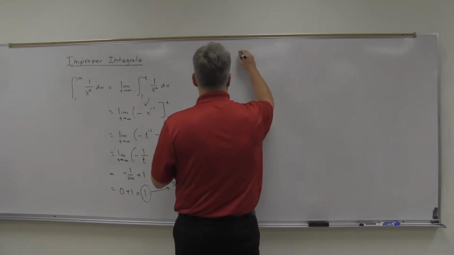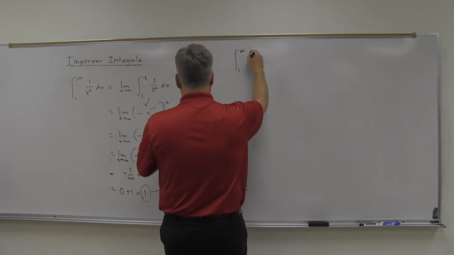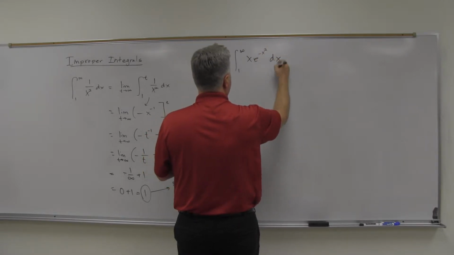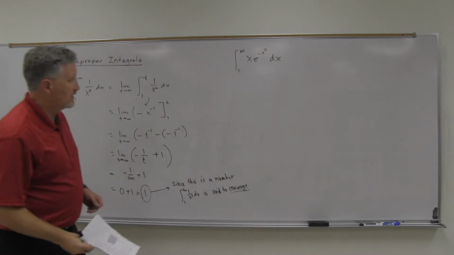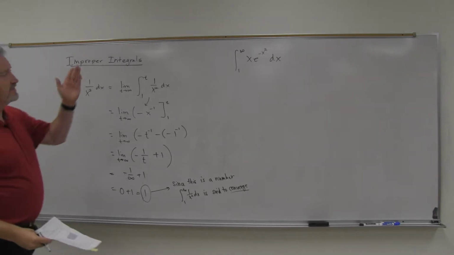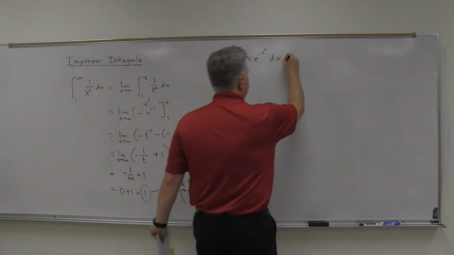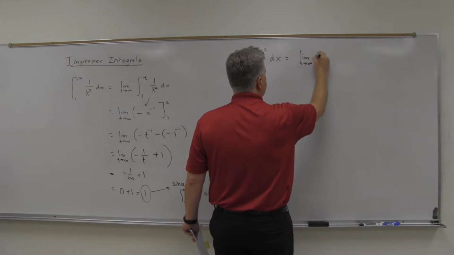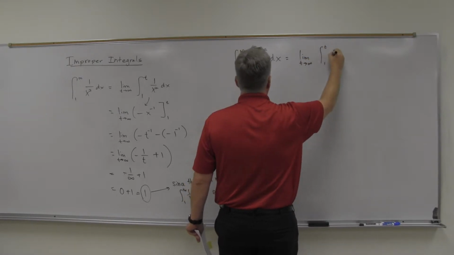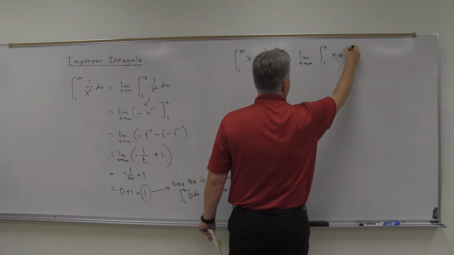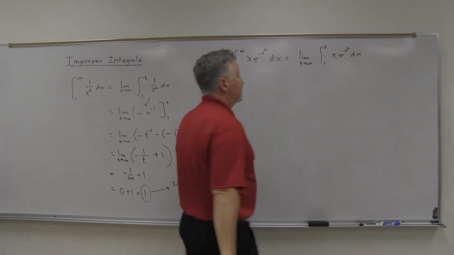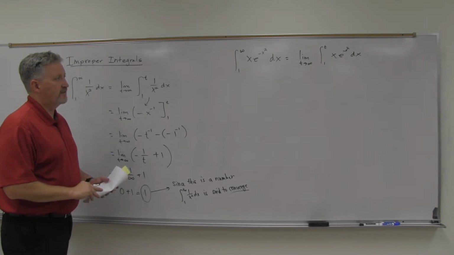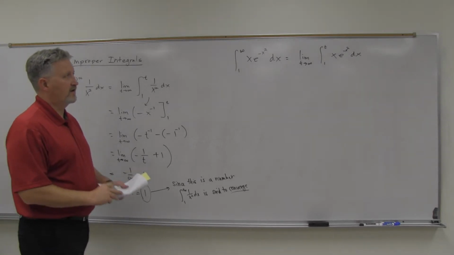What about 1 to infinity x e to the minus x squared dx? So again, t replaces the infinity, and then we say limit as t goes to infinity, 1 to t x e to the minus x squared dx. Well, how shall we do the antiderivative there?